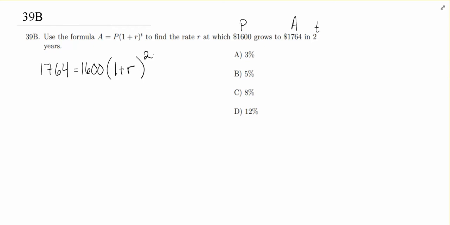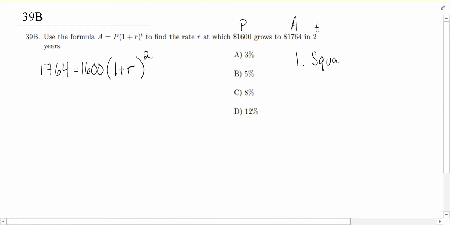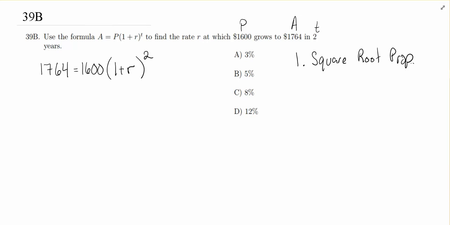When it came to quadratic equations, we had three different approaches to solving them, and I'd given you an order in which I wanted you to approach them. The first was to say, can I easily use the square root property? And in order to easily use the square root property, we needed to have a perfect square on one side and a number on the other side.